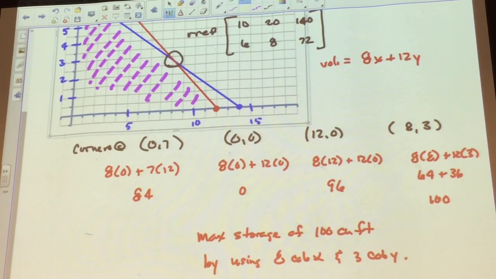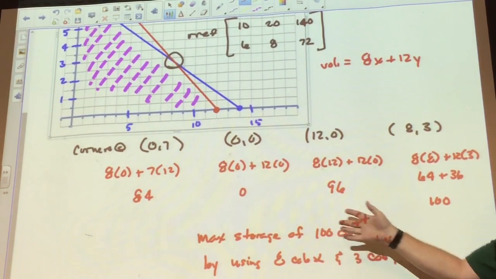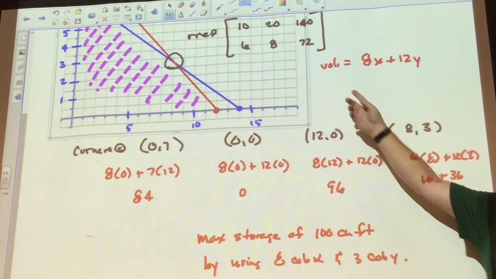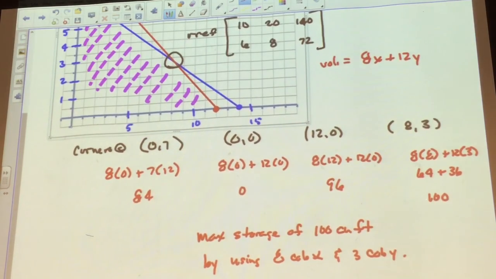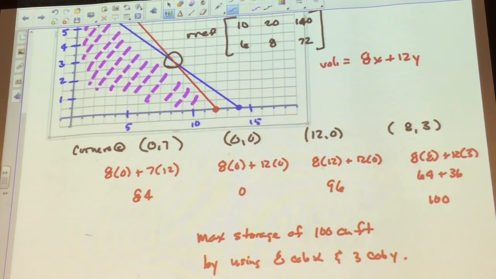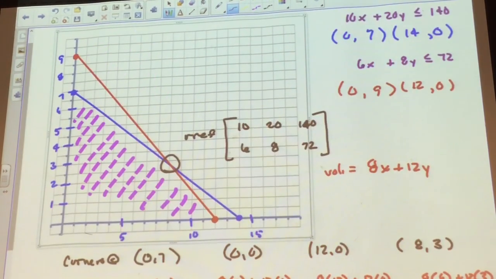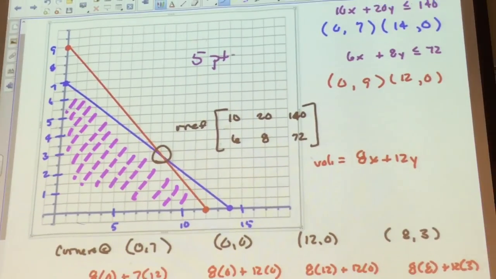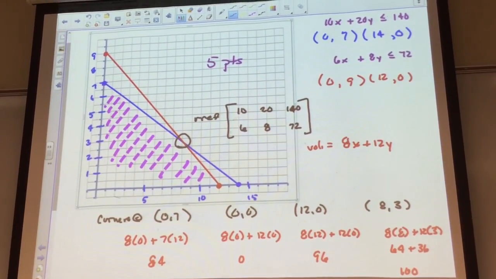Now, I'm going to be able to restore some of your points down there, but you're definitely going to lose the 3 points for this bottom part here. And if you don't graph it and don't support this, there's 1 point of the 5-point process up here. So this part of the exercise that goes down here is worth 3 points, and this part is worth 5 points. So there's your 16 points that you're going to be able to get out of that problem.